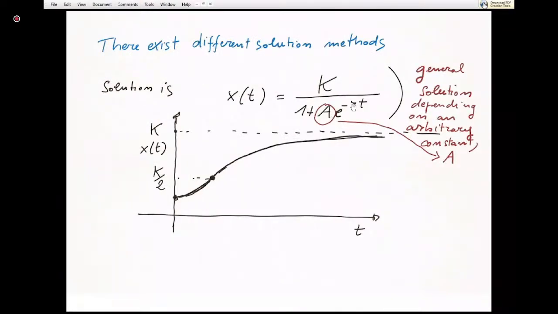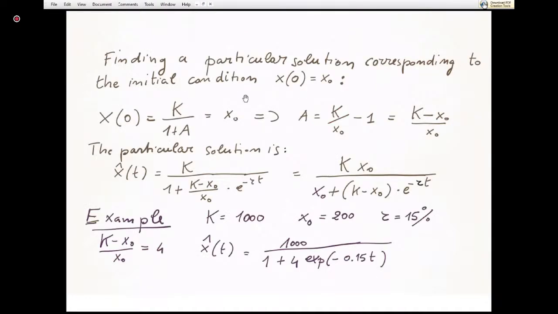At time 0, the exponential becomes 1, so we have k over 1 plus the arbitrary constant, and this is equal to x0. You have to solve for the arbitrary constant. So basically 1 plus A is equal to k divided by x0, and A is equal to k divided by x0 minus 1. Or if you like, k minus x0 divided by x0.